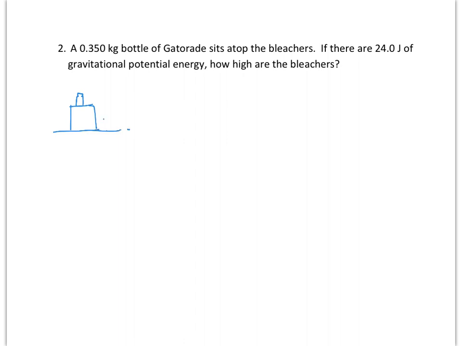It's going to make sense to set the ground as the base level, because it tells you that there is gravitational potential energy, so that Gatorade has the potential to fall. You know that the mass, it's given in kilograms, is 0.35 kilograms. The gravitational potential energy is 24 joules, and we're looking for the height of the bleachers.